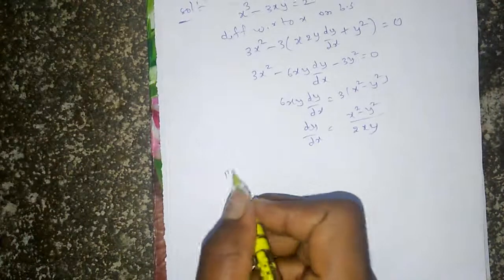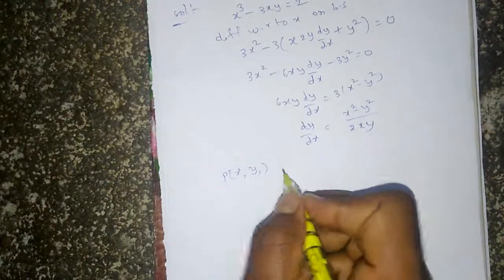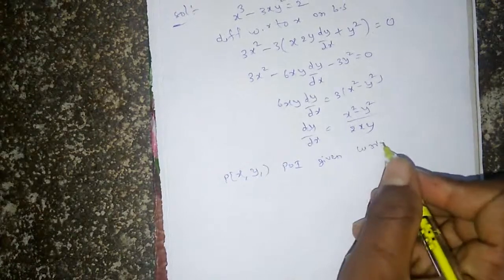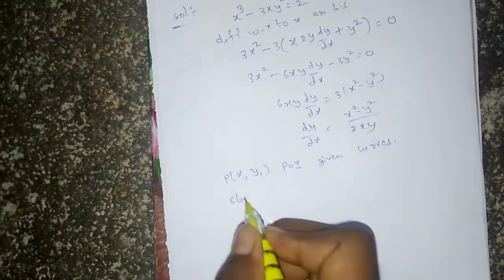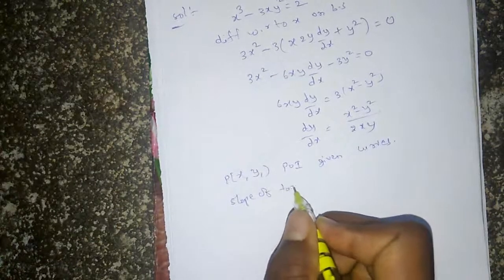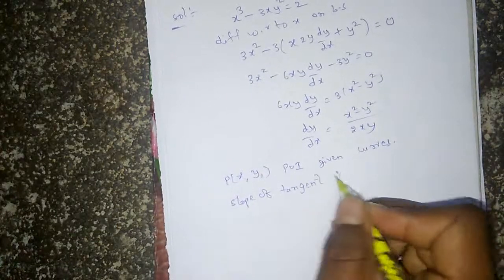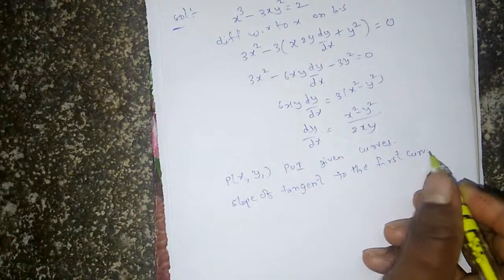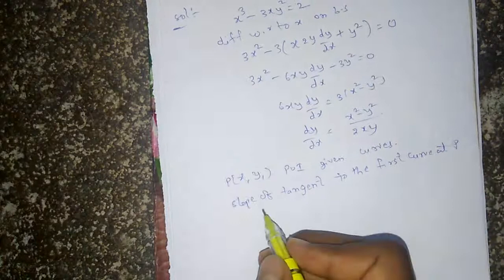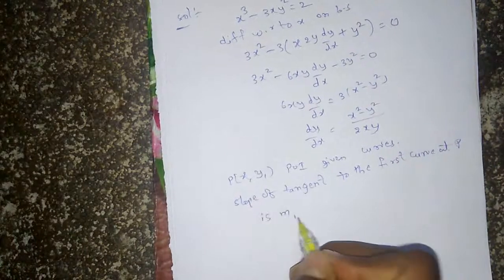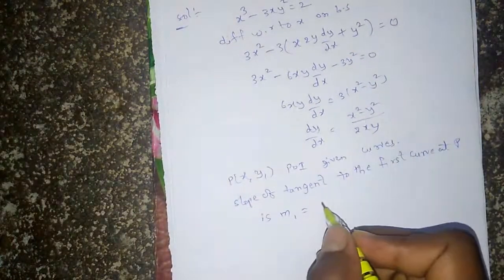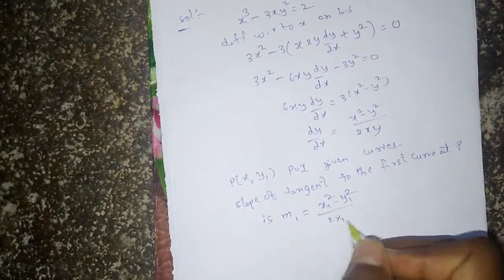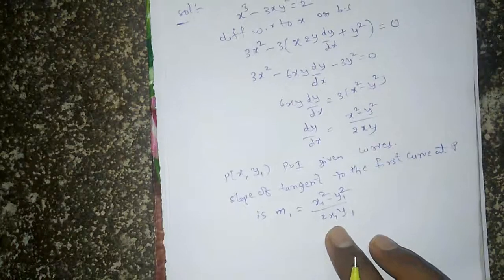So if P(x1, y1) is the point of intersection of given curves, slope of tangent to the first curve at point P is m1 is equal to, substitute in the dy by dx, that is x1 square minus y1 square by 2x1 y1, that is the slope.